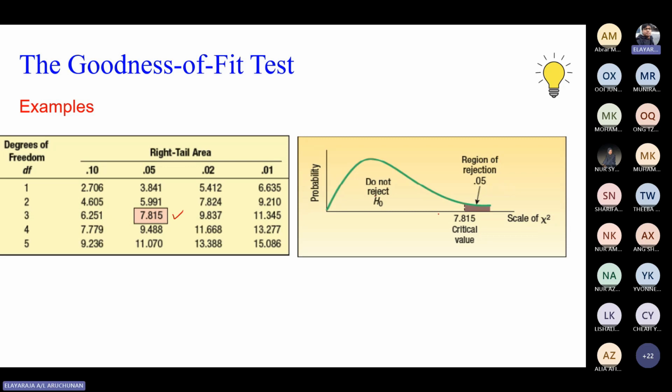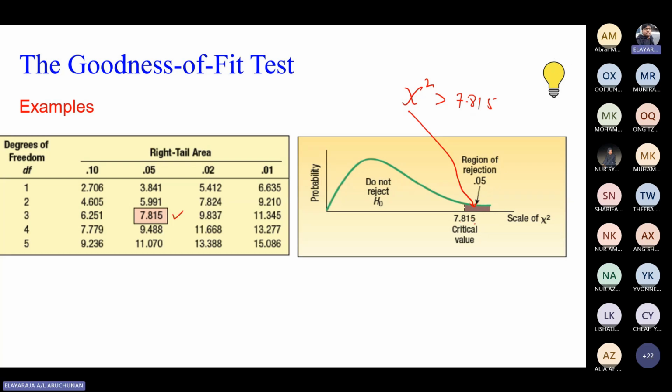Now, we already know the critical value at this point. Whatever chi-square value we calculate later, say this value is greater than 7.815, then we tend to reject the null hypothesis. Say the computed value falls in here, beyond 7.815, then we reject the null hypothesis.